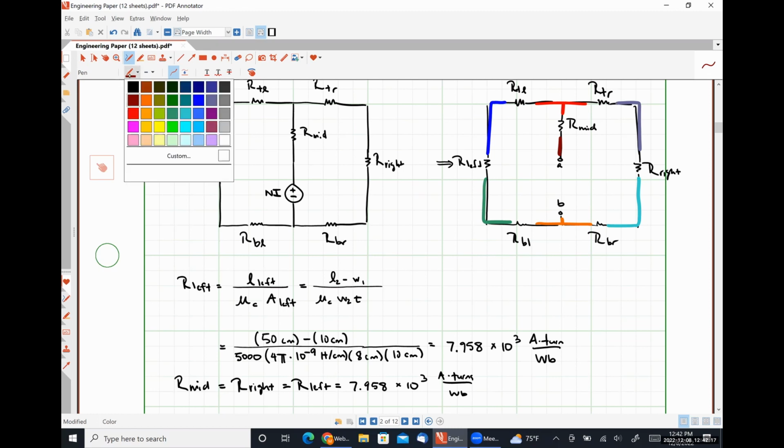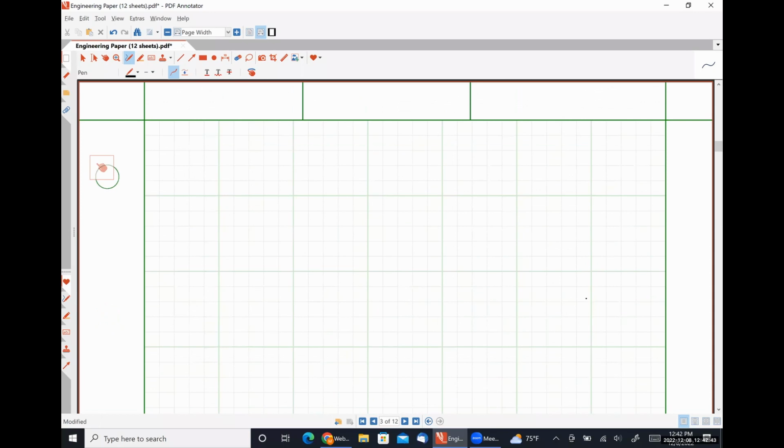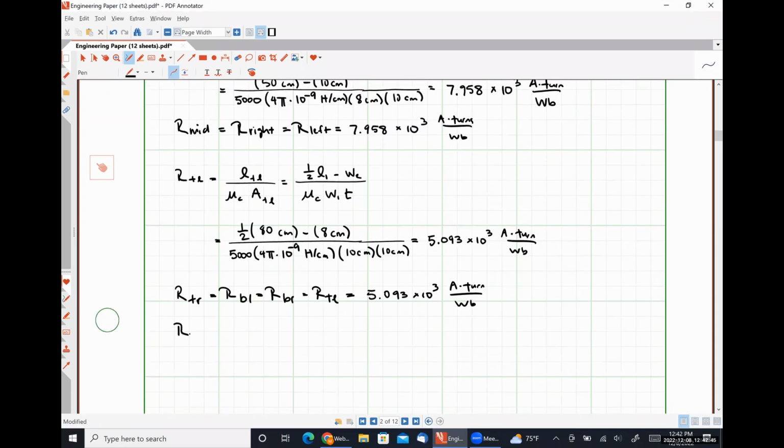So we could replace all 3 of those with a single reluctance, which I'm going to call RL prime, where that would just be RTL plus R left plus RBL, right? Sorry, I went slightly too far. So RL prime will be RTL plus R left plus RBL.